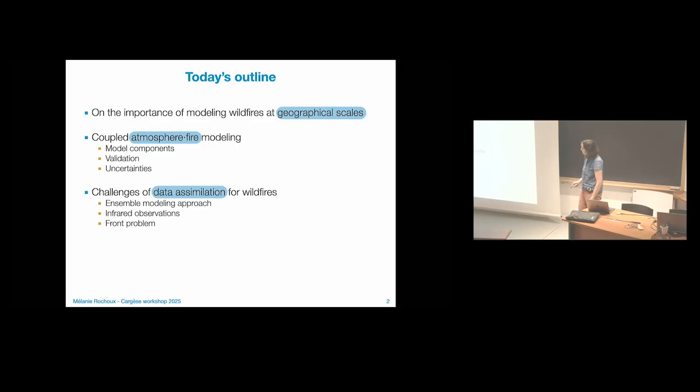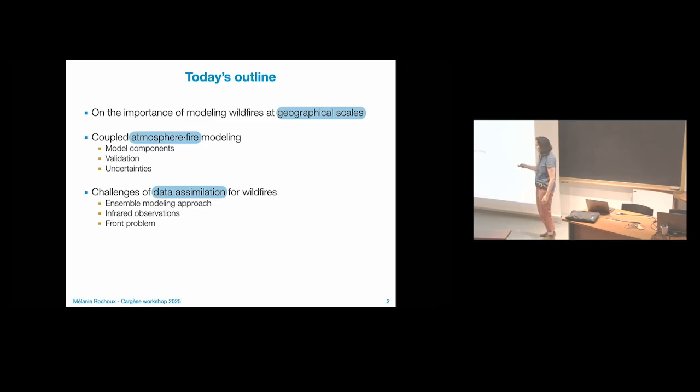Okay, so my outline for today: I work at geographical scale, and for now we are at small scale, like small fires, a few tens of hectares. I will talk about some work we are doing on the coupled atmosphere fire modeling, in particular on some components, on the validation, on the uncertainties we have and how to quantify them. And then through data assimilation, on how to reduce them.